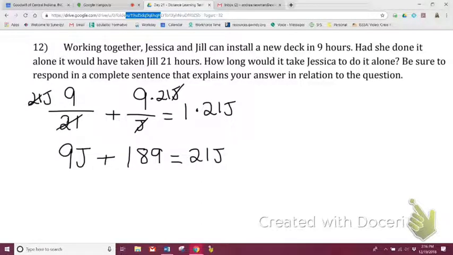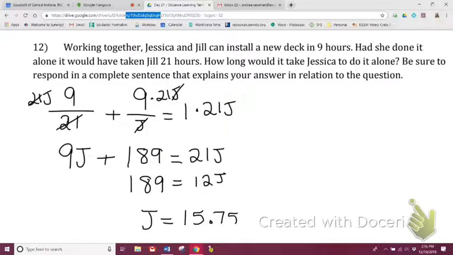And then I just want to solve for j, so I would subtract 9j from both sides, which gives me 189 equals 12j. Divide by 12 and learn that it would take Jessica 15.75 hours.